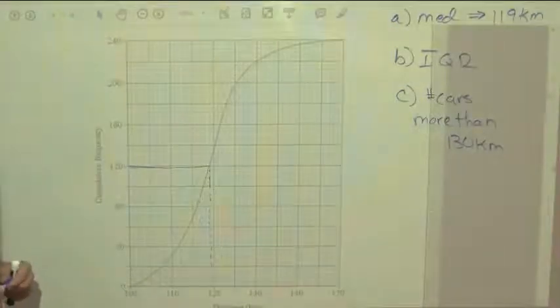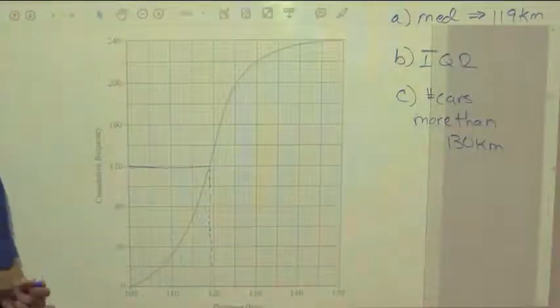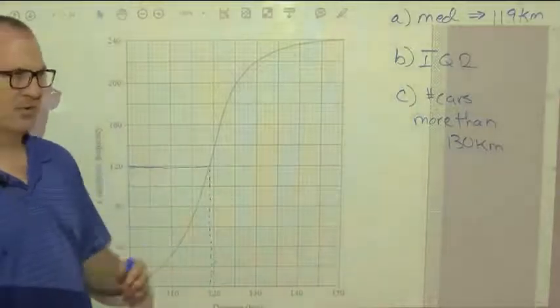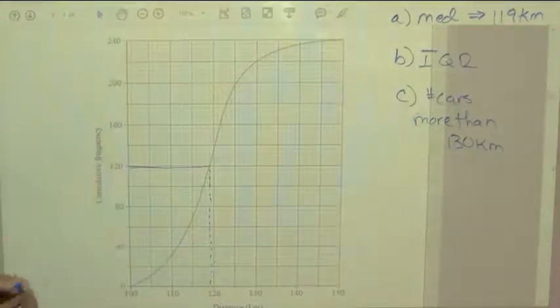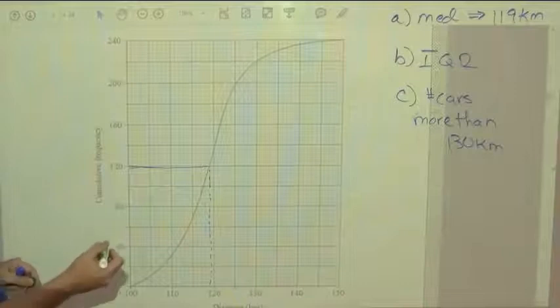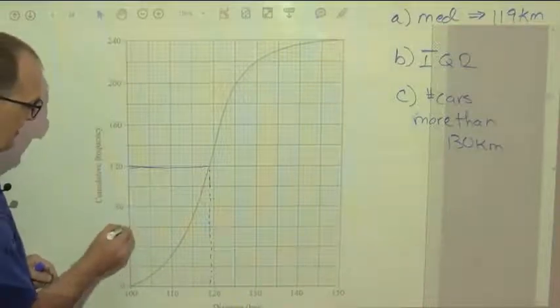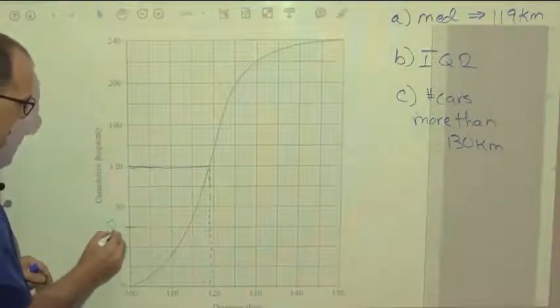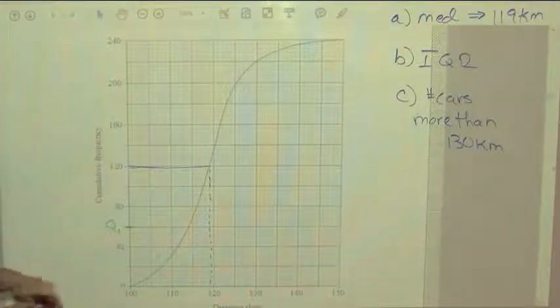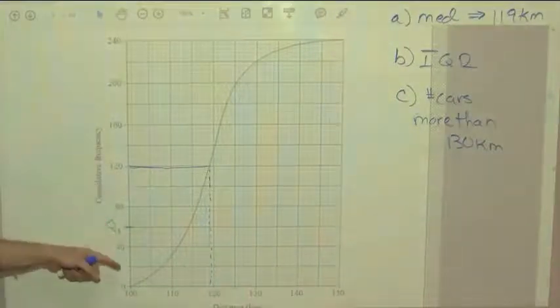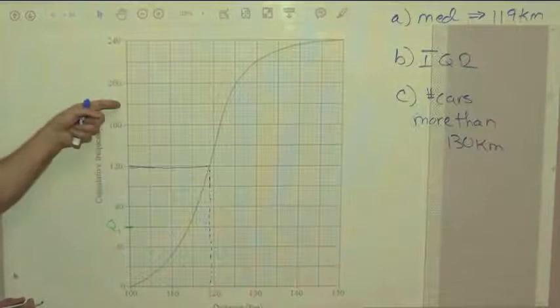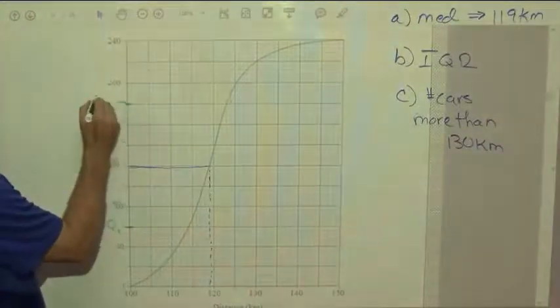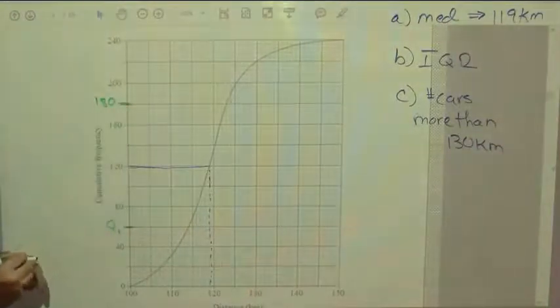The interquartile range, so we need our lower quartile and our upper quartile. Take 240 and divide it into 4, and you get 60. So here's my lower quartile, and you can make it 60, 120, 180. There is my upper quartile.